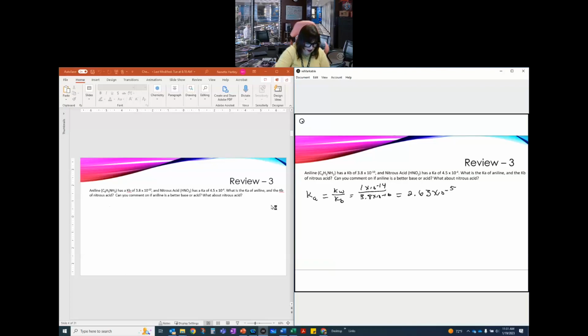Okay. When I do the math on the other one, so this is my aniline. I just want to label it.